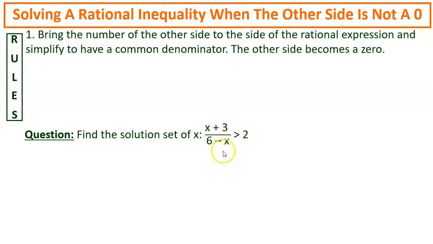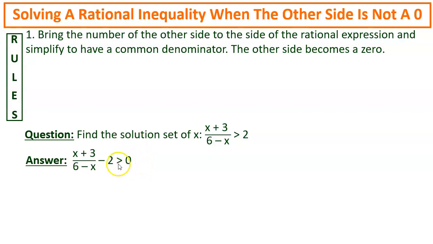So this is what we get. We have brought 2 to this side, or we have added negative 2 to both the sides. So we have an inequality where we have made the other side a zero.